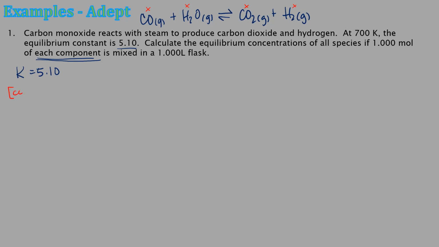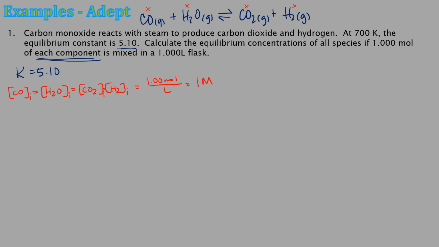So that means that the concentration of carbon monoxide will be equal to the concentration of H2O, will be equal to the concentration of CO2, will be equal to the concentration of H2, and all of these will be initial concentrations, and it will be 1 mole per liter. So 1 molar.